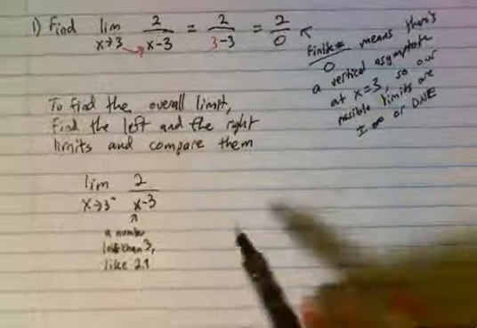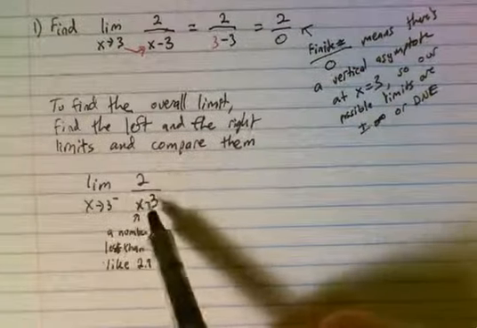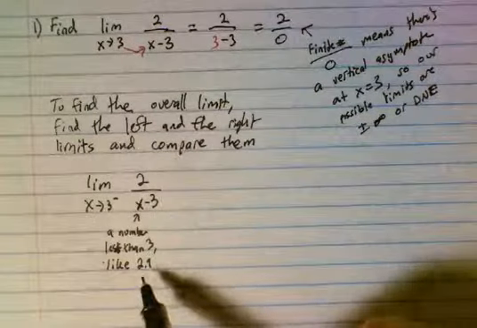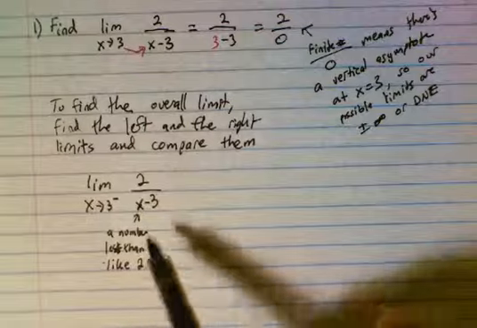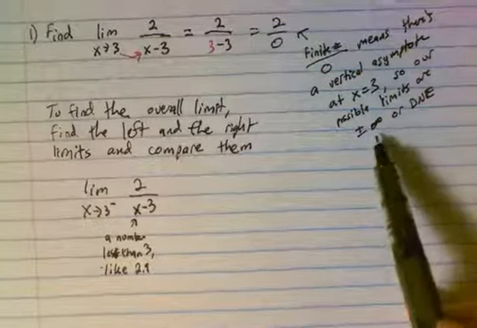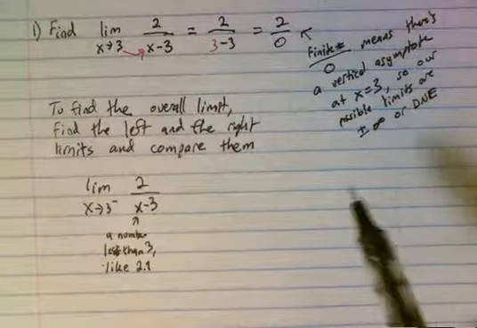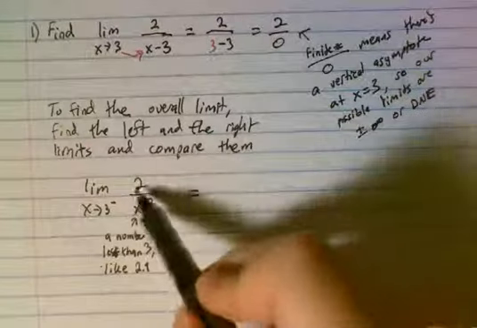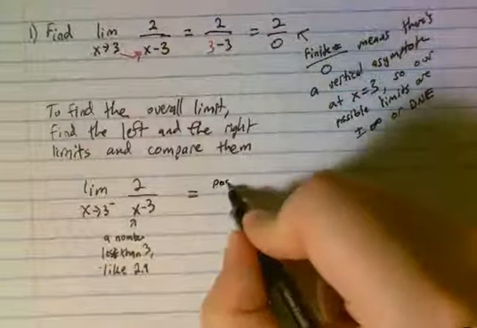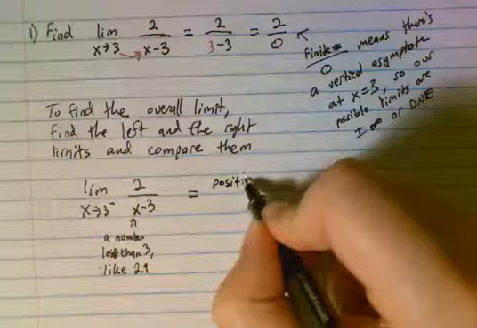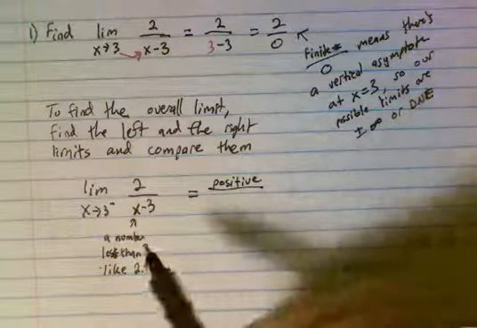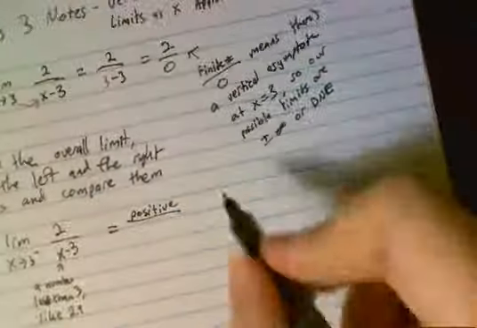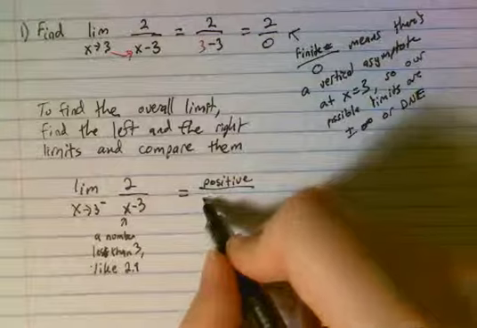And it's not that we're figuring out the numerical value of this when x is 2.9. We simply need positive or negative, because we know our answer is positive or negative infinity. We just need the sign. Is it positive or negative? So 2 is a positive. And if we put in 2.9, 2.9 minus 3 is a small negative.